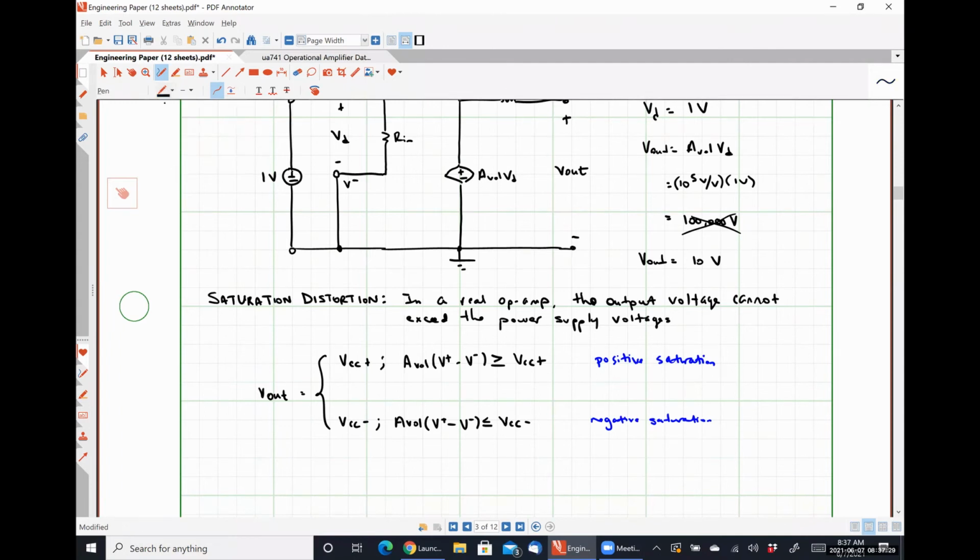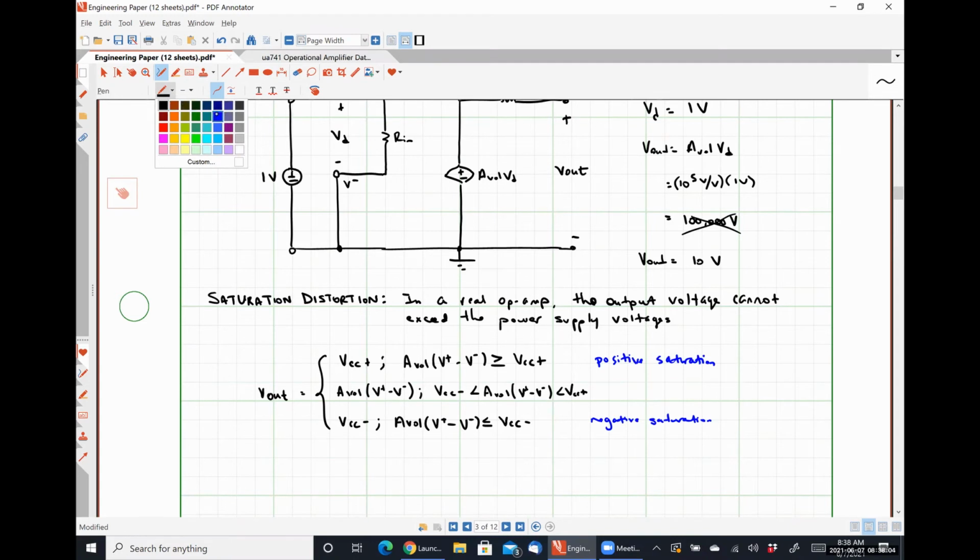And in the middle is the actual only point, or series of points, I guess, where the amplifier is actually amplifying the input signal. So our output signal will be AVOL times V plus minus V minus when VCC minus is less than AVOL times V plus minus V minus, which is less than VCC plus.